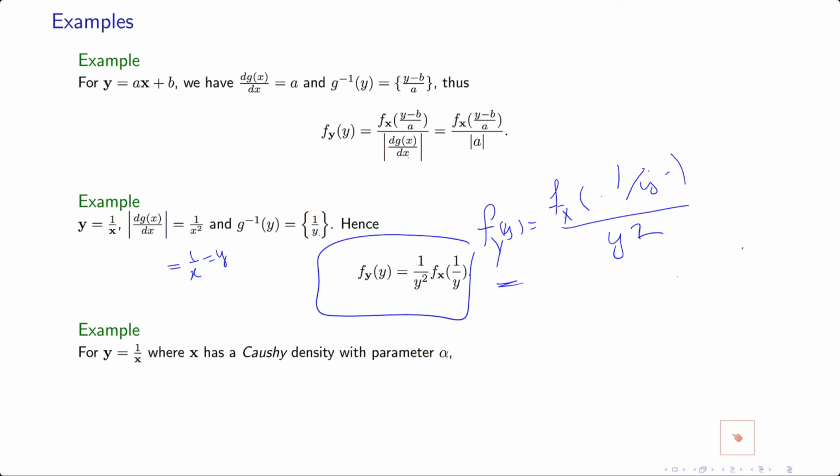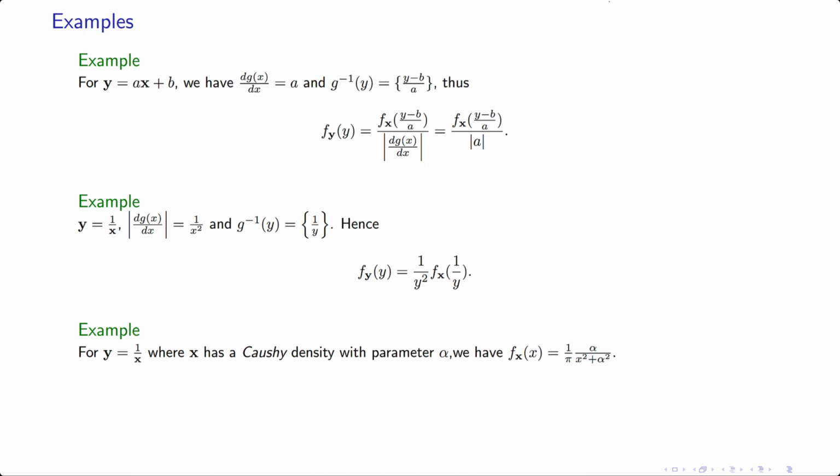In this example, if x has a Cauchy density with parameter alpha, let's see what the distribution of y will be. A Cauchy distribution is given by this function. If I want to find fy of y, because of this function, I could use this formula.